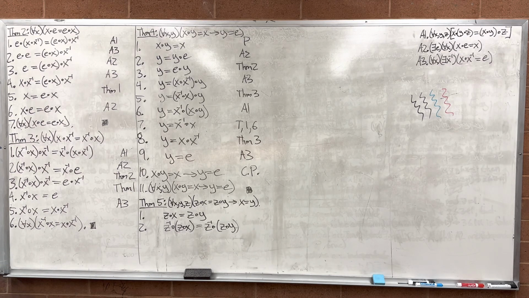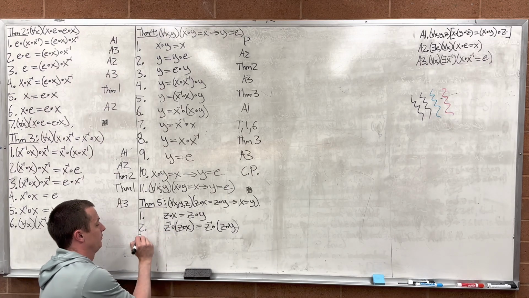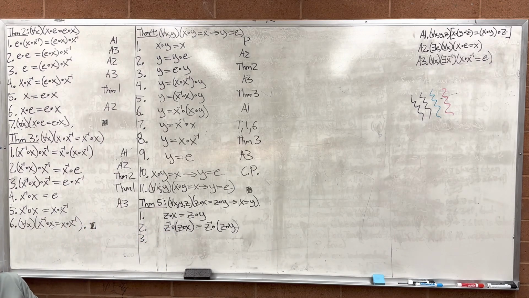And that's a theorem of logic. Theorem of logic says, we didn't bother proving that one out all the way, but it's right here. So, that's just a theorem of logic. And then we can use associativity.